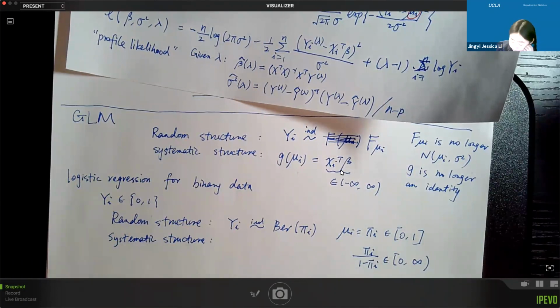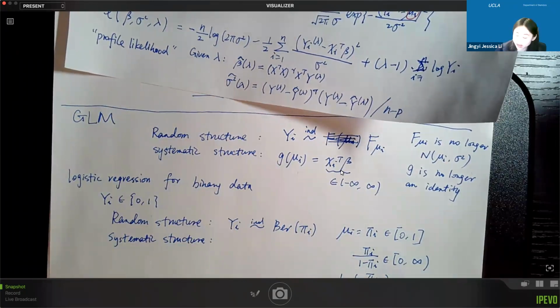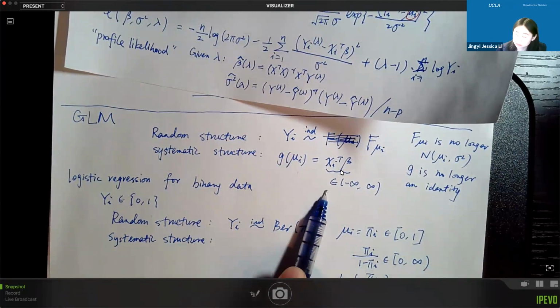What do I do? For that, I can take the log, right? Taking the log for values from 0 to 1, after log, it will become negative infinity to 0. So if I take log once more, I would have the range from negative infinity to positive infinity, which matches the range of xi transpose beta.